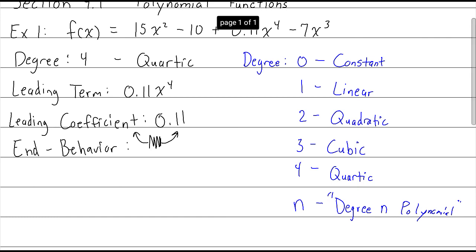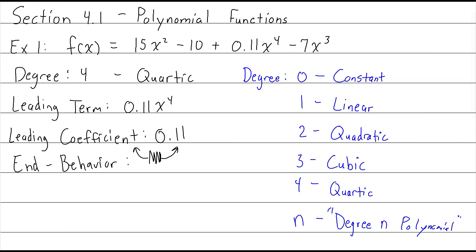Some other things to notice about a polynomial. Look at the exponents. Positive number, positive number, positive number. 0 is not positive, but it's definitely not negative, right? So all of my exponents are going to have to be positive. That's one thing that's unique about polynomials. You don't have to worry about any negative exponents. Also notice whole number, whole number, whole number.